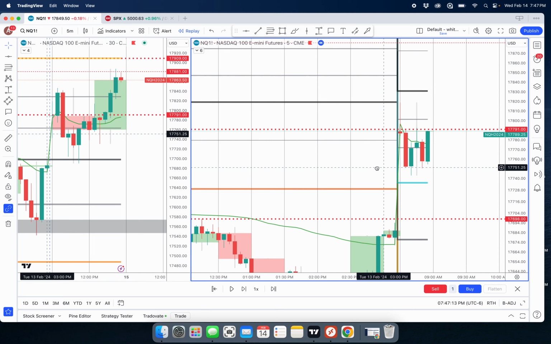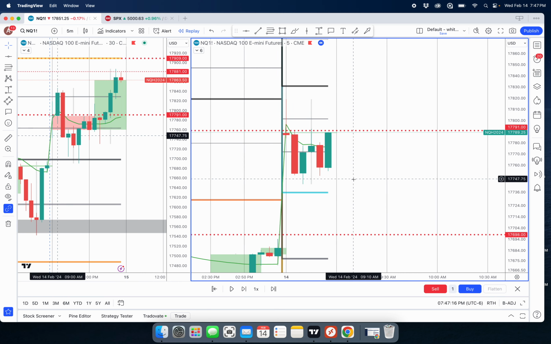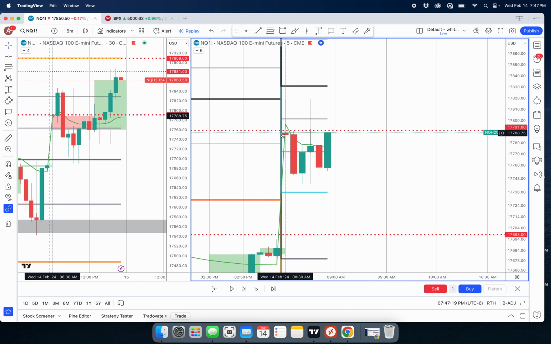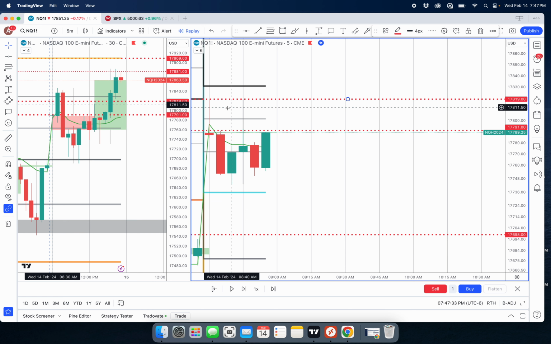So let's go back to price action and understand it on an intraday level. You can see we opened at this 789. Immediately when the market opened, I'm not going to show you the 1 minute candle, but they basically shot it up to right here. You can't see this little line, it's right here.